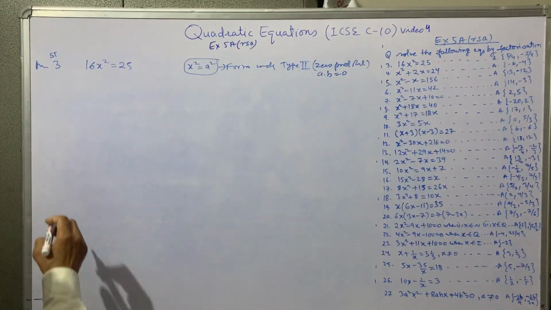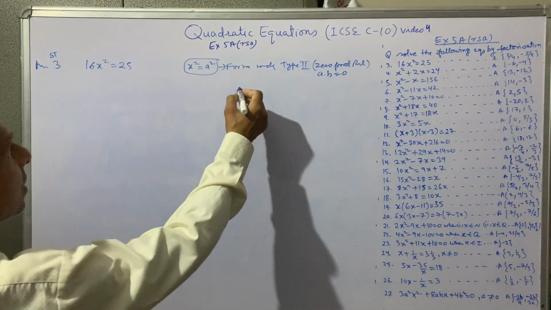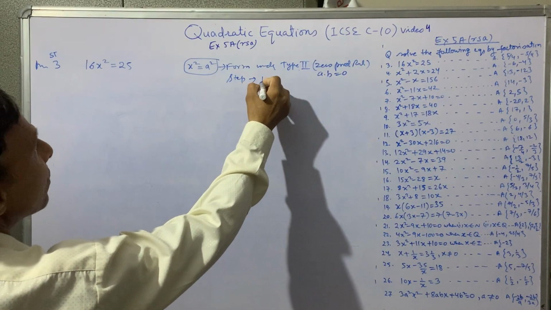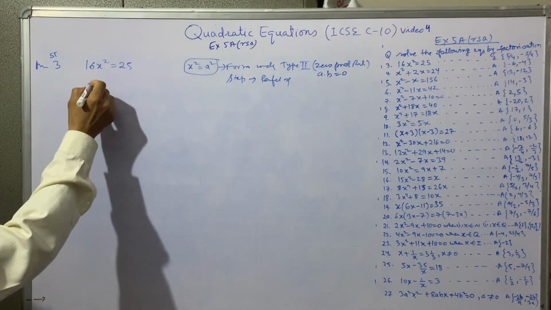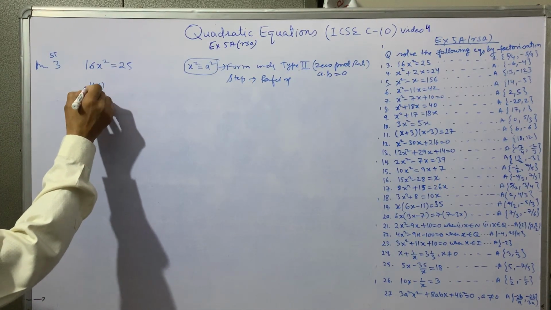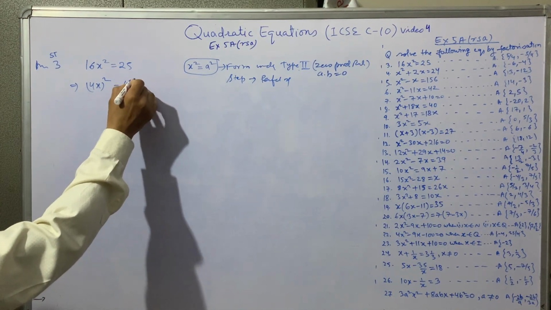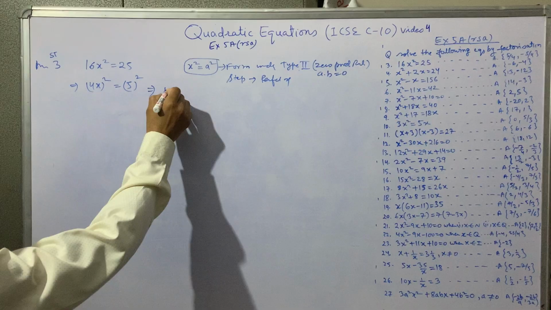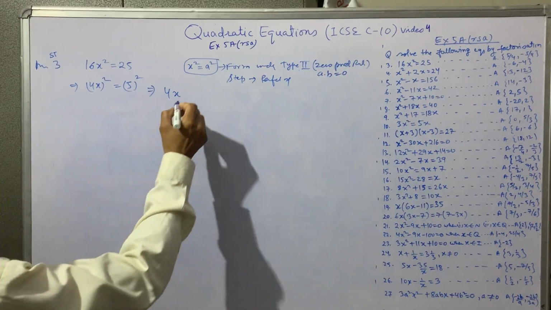Then what will we do? We make it a perfect square. The step is to convert to perfect square. So you can write 4x whole square is equal to 5 whole square. Now we shift this 25 towards the left.